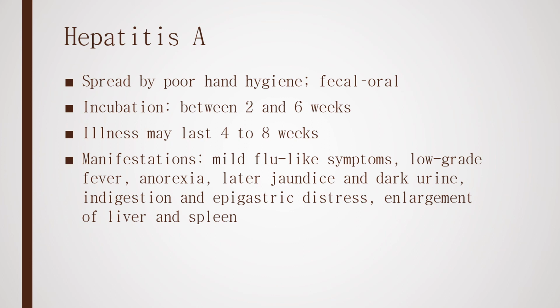But when symptoms appear, it shows as a mild flu-like upper respiratory tract infection with low-grade fever and anorexia. The early symptoms are not usually severe. They result from release of a toxin by the damaged liver or from failure of the damaged liver cells to detoxify an abnormal product.